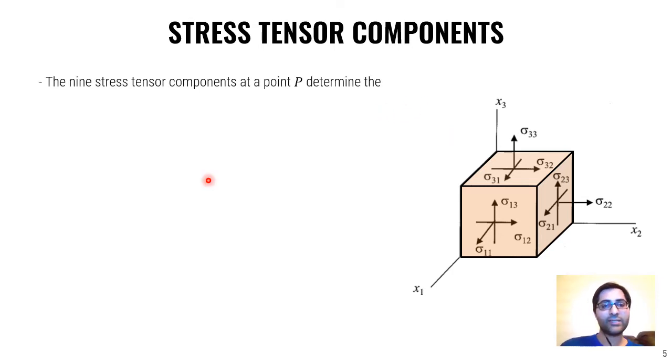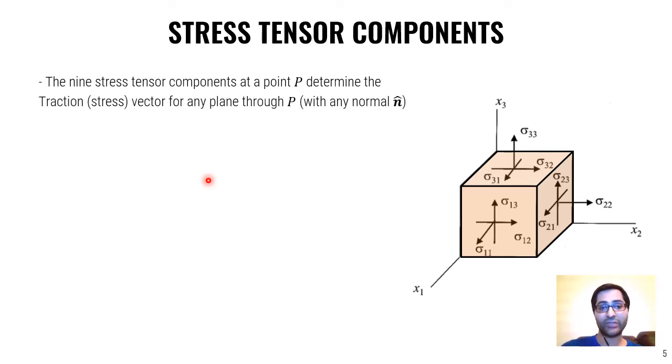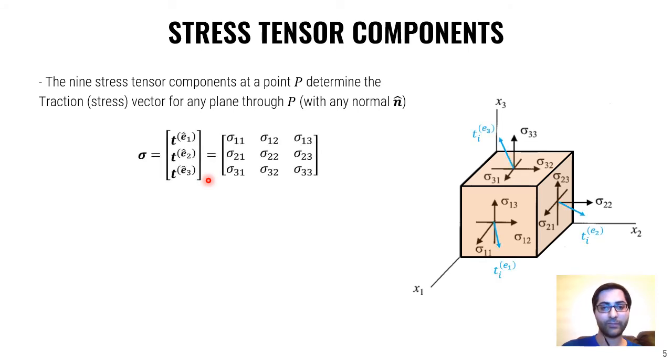The 9 stress tensor components at a point P determine the traction stress vector for any plane through P with any normal n. That's basically the Cauchy stress formula that we talked about.